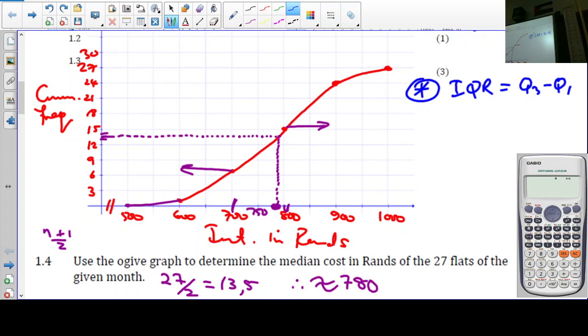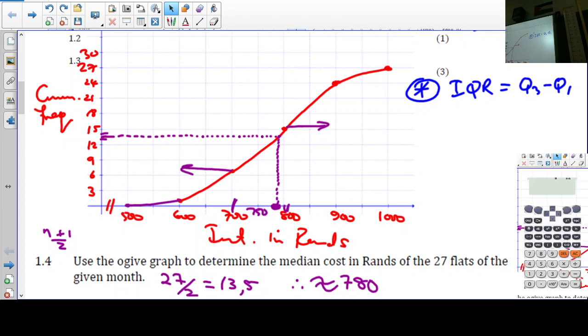So for Q1, I take my Q2, which is my median, 13.5, and divide that by 2. 13.5 divided by 2 gives us 6.75. So I take my reading there at 6.75.